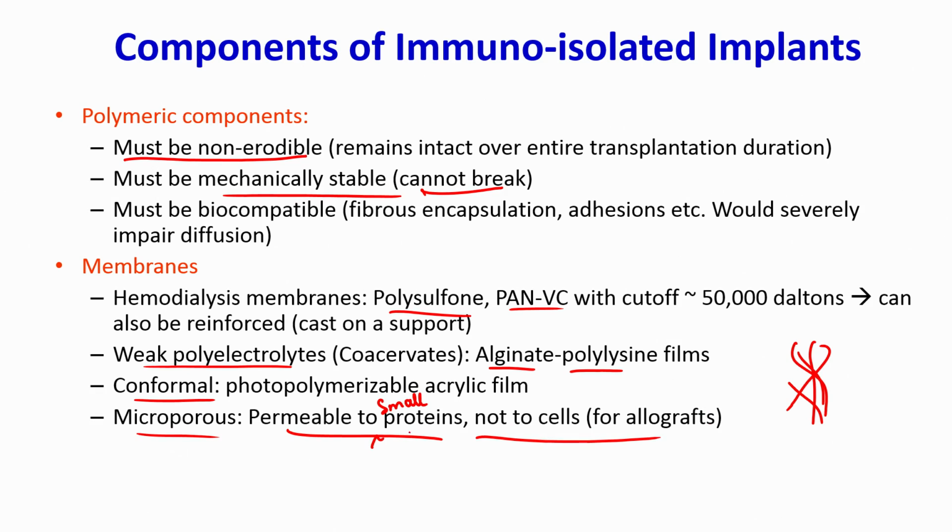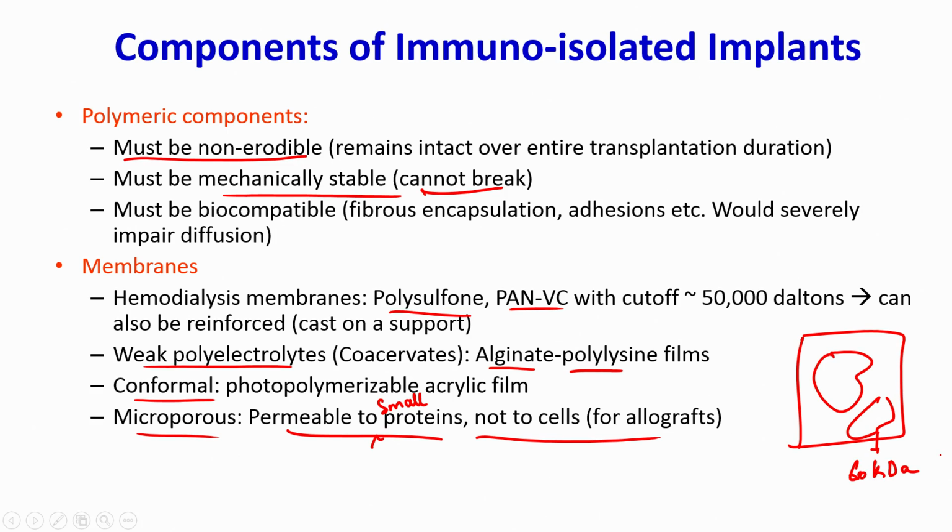Obviously, we are talking about the immune system, but if your cells inside your implant or the membrane are producing a protein which is let us say 60 kDa, then you need these membranes to be permeable enough so that they can allow 60 kDa proteins to go through, because eventually the whole purpose of the implant is to get this protein. So, those are some of the criteria that you will have to consider while designing either the polymeric components or these membranes.